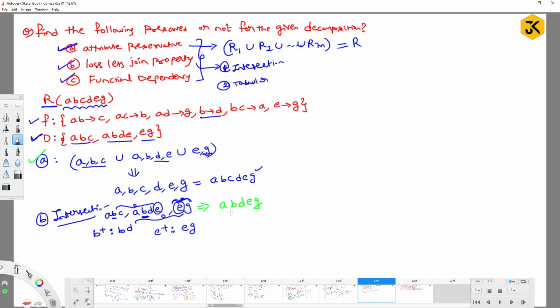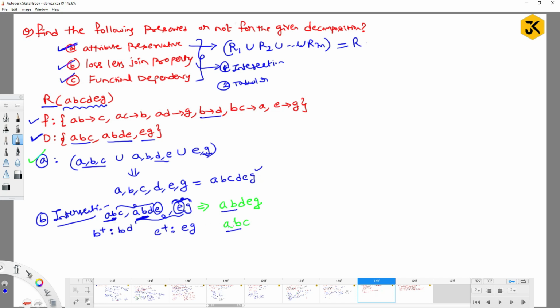Once you have A, B, D, E, G, take the other relation A, B, C and try to combine. You observe the common attributes are AB. Earlier also the common attributes were AB. If you take AB, maybe it is possible.